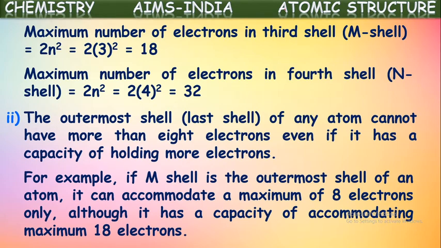According to the formula 2n square, the maximum number of electrons that can be accommodated in the third shell is 18. So the third shell or M shell can accommodate 18 electrons. But if it is the outermost shell of an atom, the last shell, then it will have a maximum of 8 electrons only. Okay, that's one condition they observed.